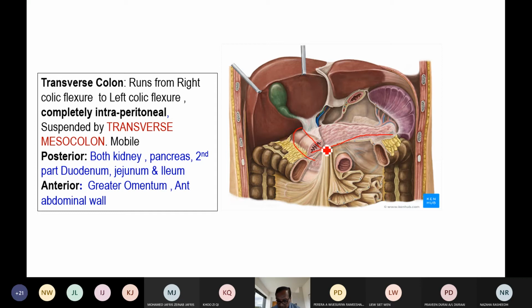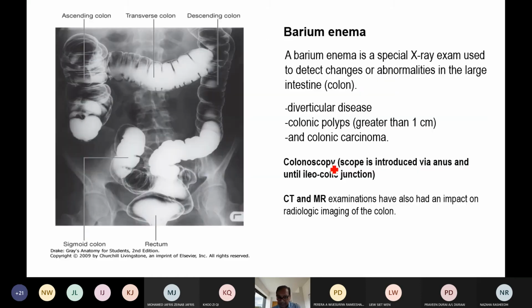So the second part of the duodenum, pancreas, right kidney, and left kidney are all posterior. And in front is only one structure, the greater omentum. So in front is the greater omentum, but behind are both kidneys, pancreas and duodenum. So the transverse colon, naturally, if it is affected by any disease process, a lot of vital organs can be affected.